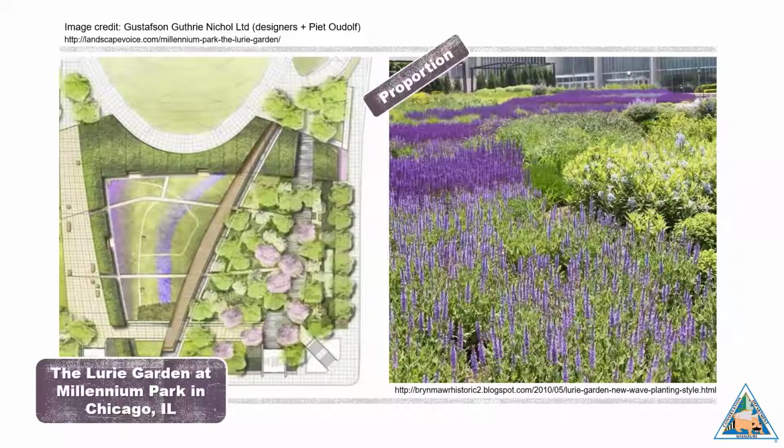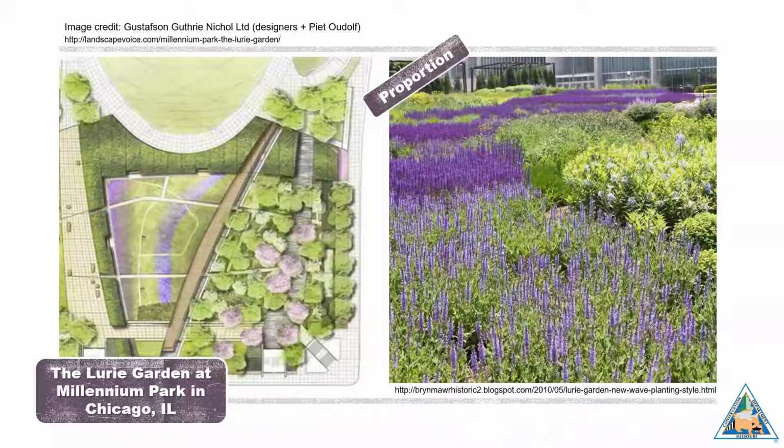Proportion is the next element I'm going to touch on. Proportion is the relationship of sizes between different parts of a work. We're going to go back and revisit Lurie Garden in Chicago for a quick minute. Here on the conceptual design sketch you see on the left of your screen, we've got an arching purple line bisecting a field of green. The photograph on the right is how that plan was executed.